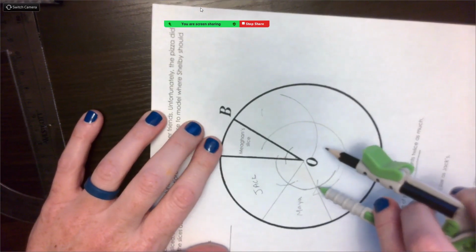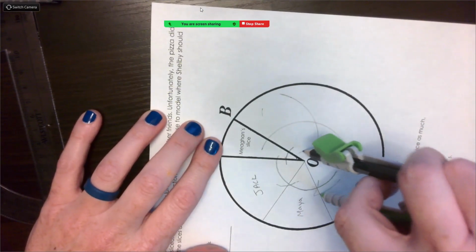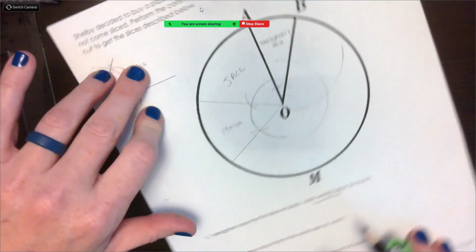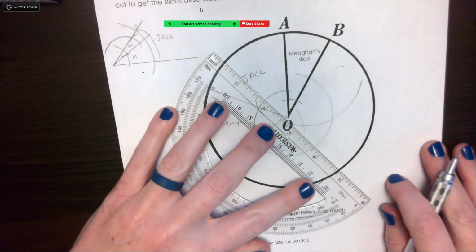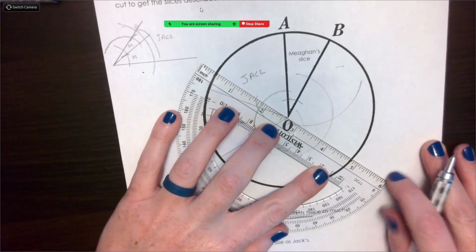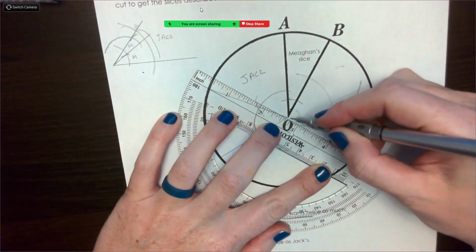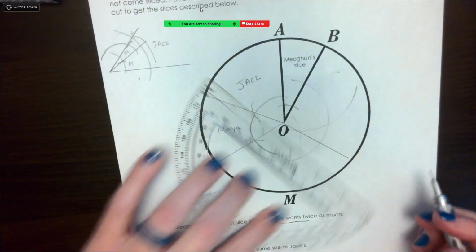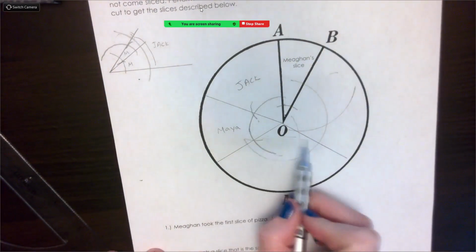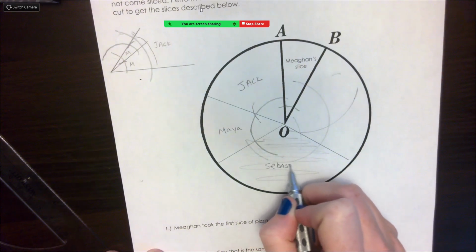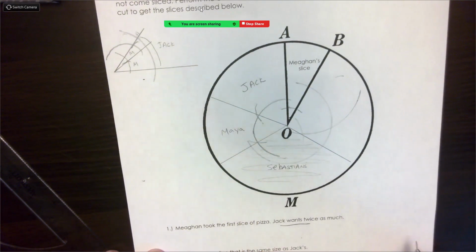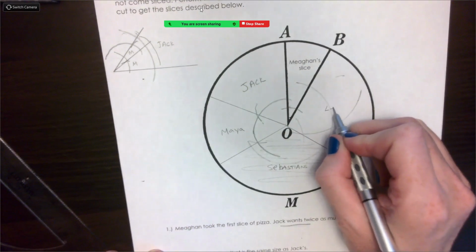And the same thing on the other side. And you'll see where those two arcs intersected. Okay. If I draw a line through where those two arcs intersected, we now have our angle bisector. Okay. So maybe all of this over here is Sebastian's. And all of this is leftover.